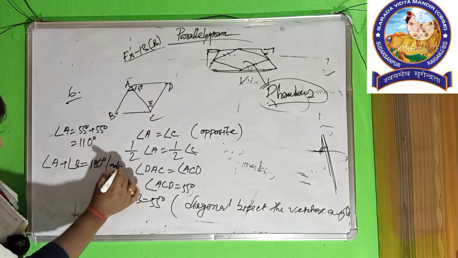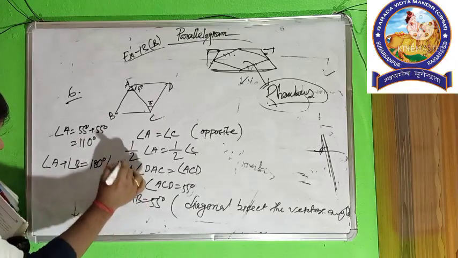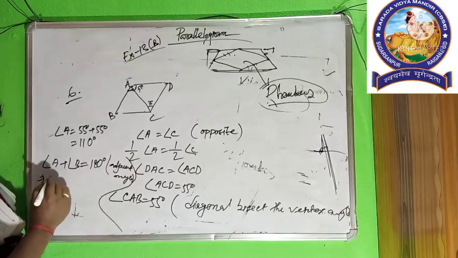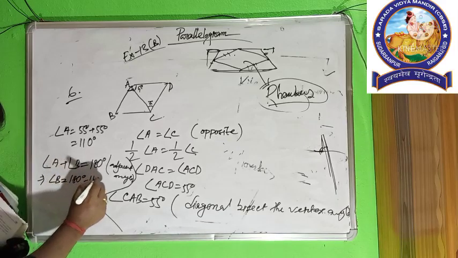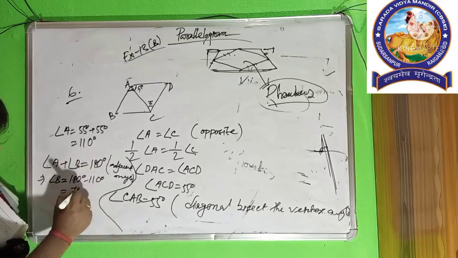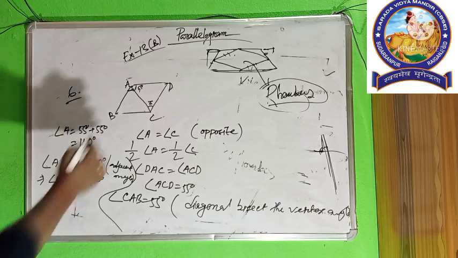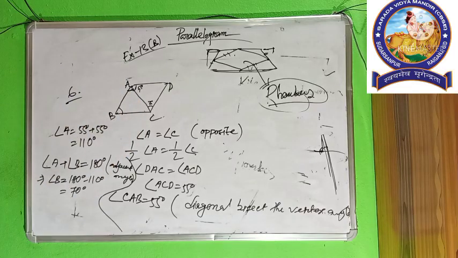So angle B equal to 180 minus 110, that means 70 degree. Angle ABC means only B. Okay. Very easy.